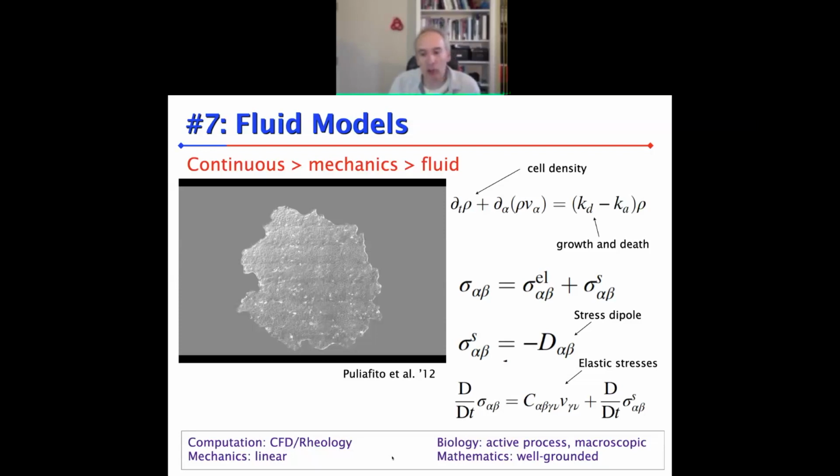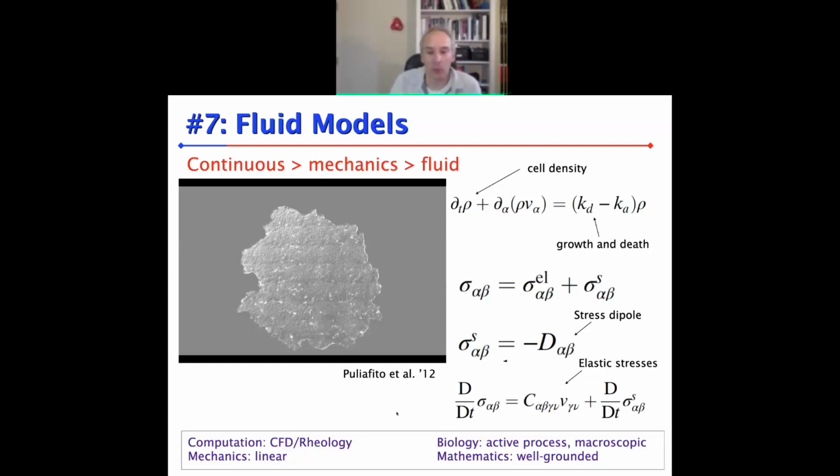In terms of biology, it's very good as a description of these very fluid, very quick active processes that happen very early on during morphogenesis, where there is not quite yet a more solid component in terms of the mechanics. The stress that cells exert against one another is mostly through pressure and shear, but not through other elements of the stress. And the mathematics is also quite nice.